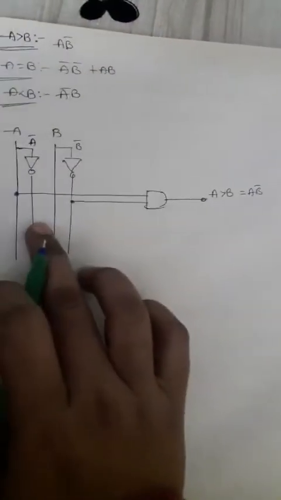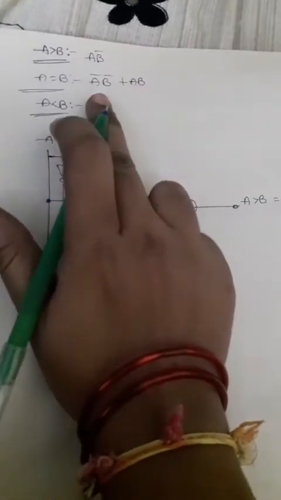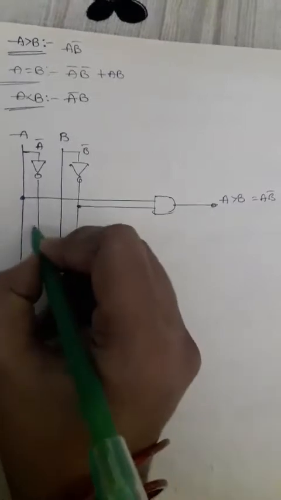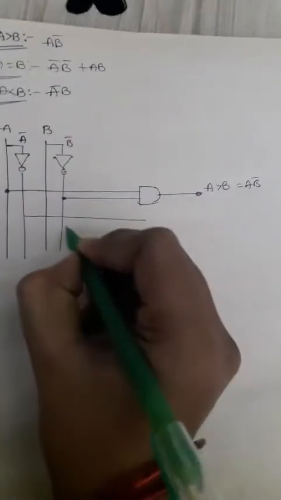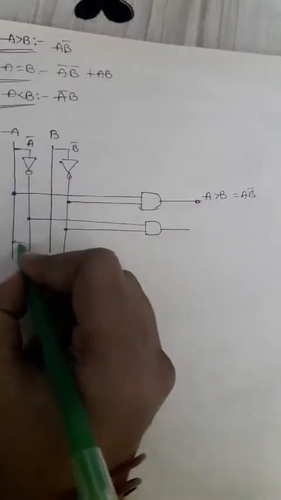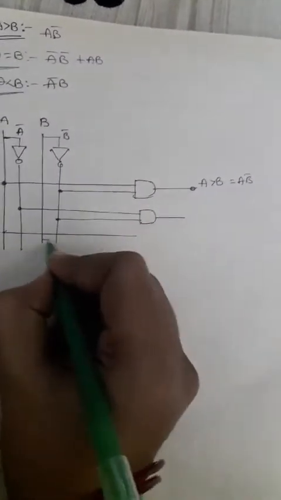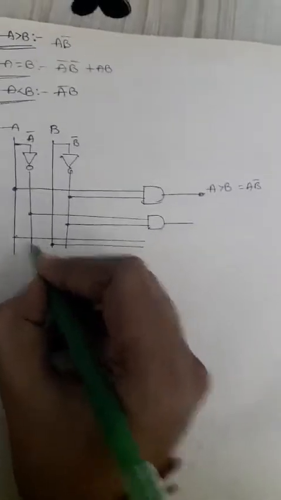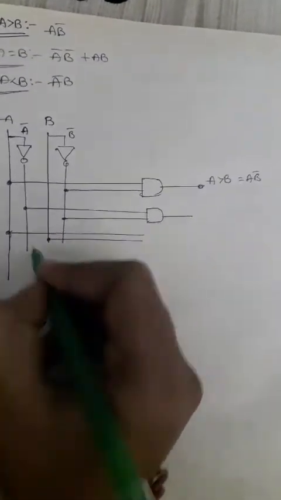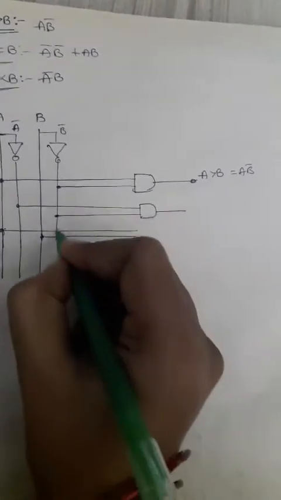Now coming to the next one, the A equal to B condition. That output has two prime implicant results, that is A complement B complement and AB. Between A complement and B complement we have one AND gate, and the next one is A and B. For identification purposes, you can highlight it like this.